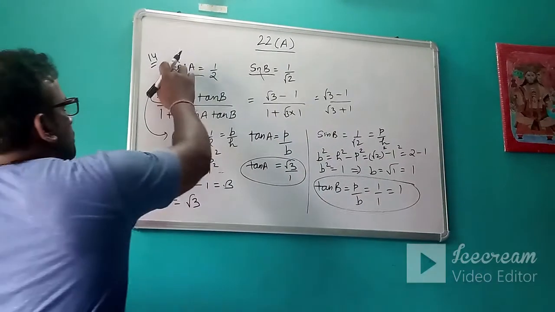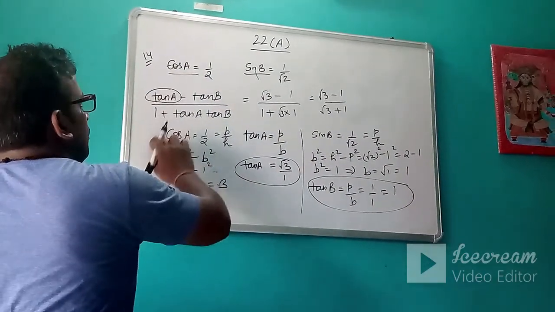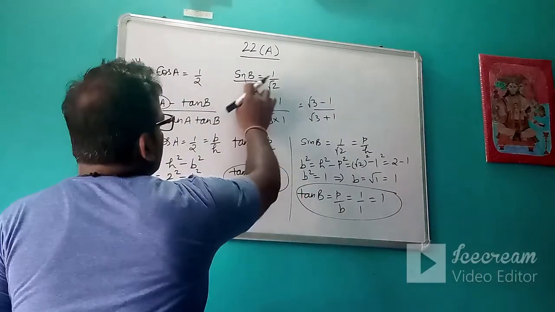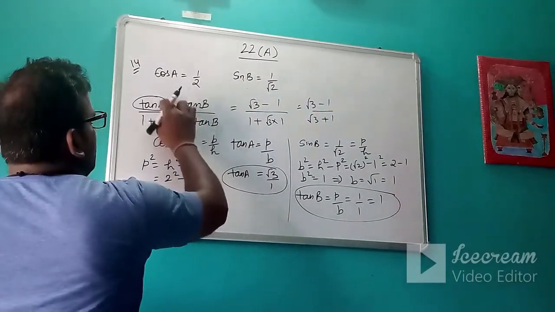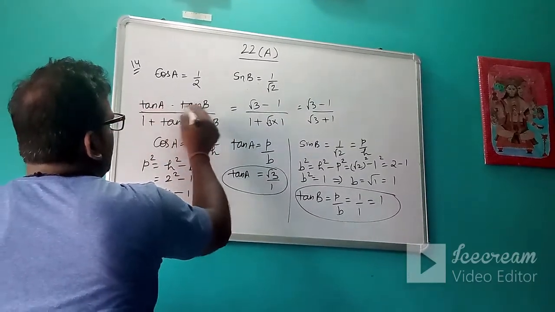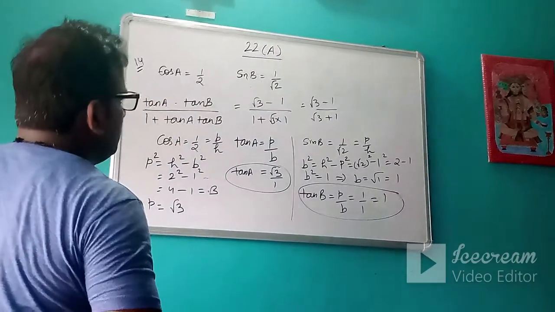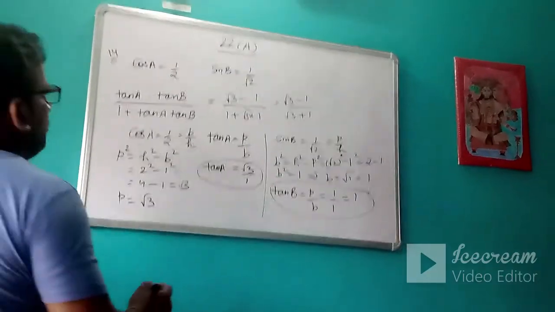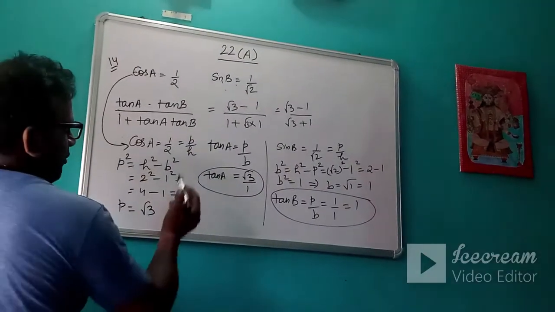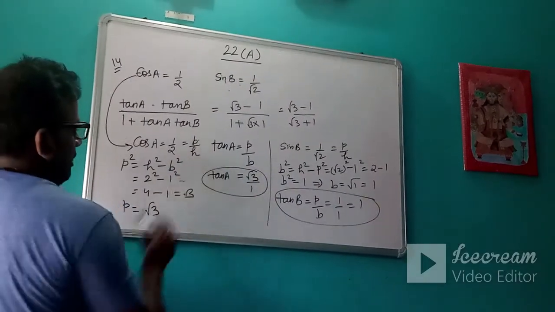Suppose in this type of question, the value of cos A is given and the value of sin B is given. With the help of these values, we need to find the value of tan A minus tan B upon 1 plus tan A into tan B. So what will we do? We will first take the value of cos A. What is cos A? Base upon hypotenuse.